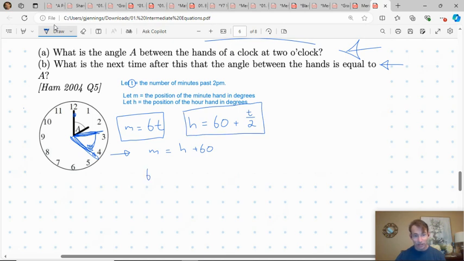So we get 6t is equal to h, which is 60 plus t on 2, plus an extra 60. Let's subtract t on 2 from both sides. That will give us 11 on 2 t is equal to 120.